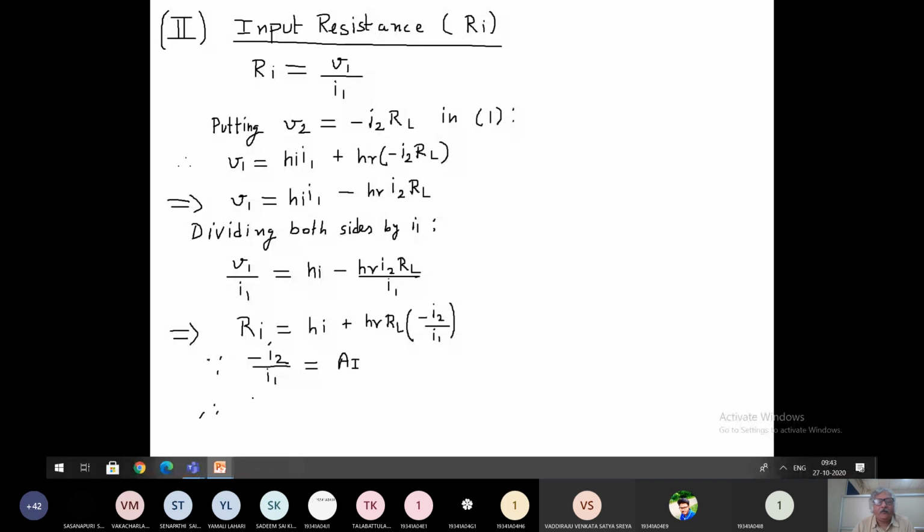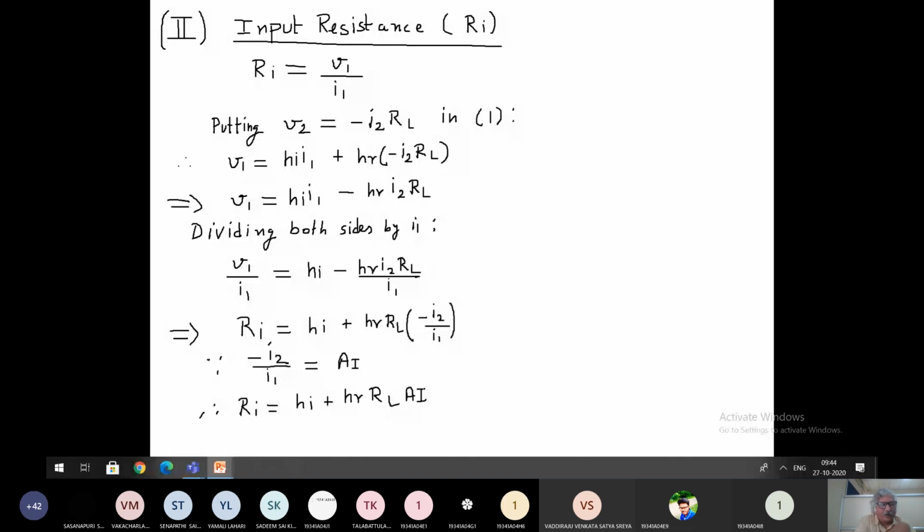Therefore, Ri is equal to HI plus HR RL AI, right?